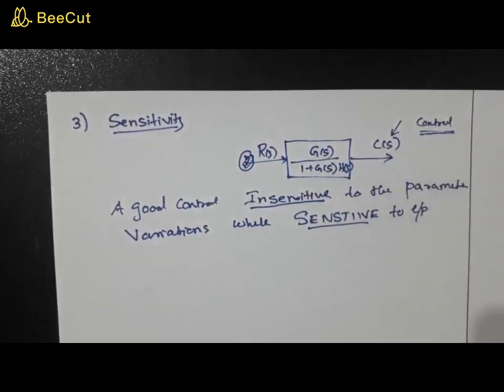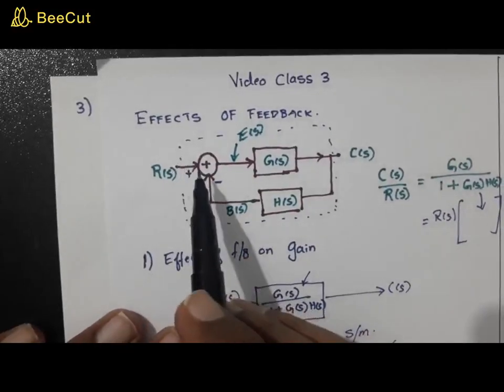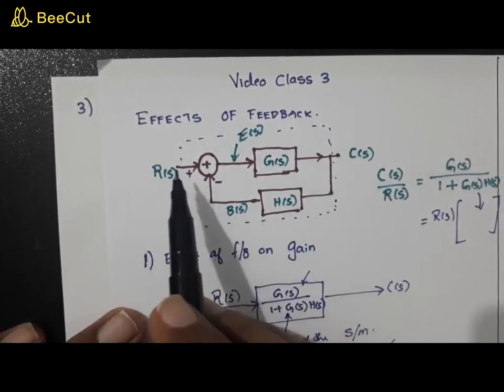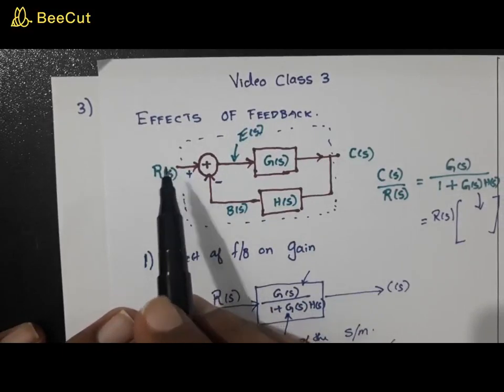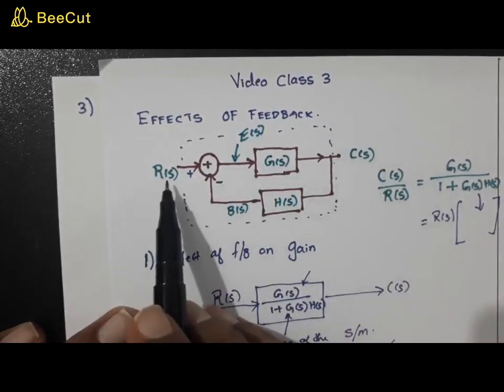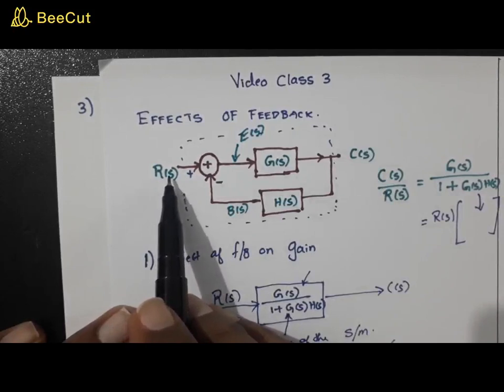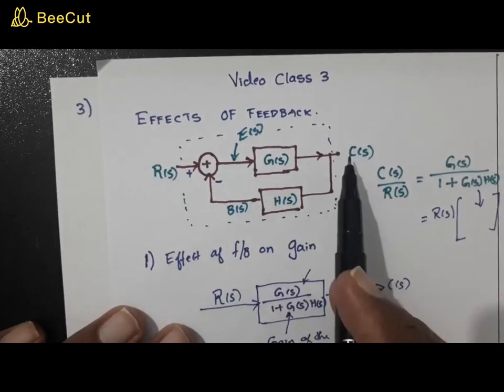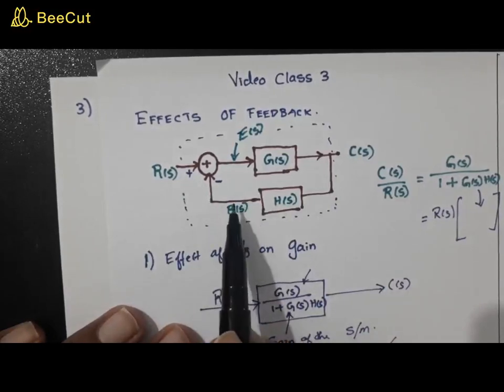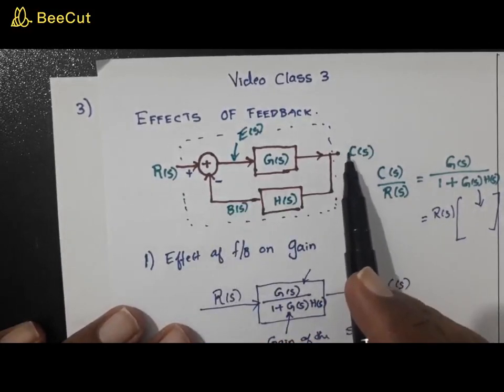So as far as possible, from a controlled system point of view, this has to be insensitive. That means it should not respond to that variation, so as to ensure a controlled output. But at the same time, you will have to see this figure again. At the same time, it has to be very sensitive to the input, right? What's the need of that? That is to ensure the output is always at the set point. A slight variation in this input will make the system uncontrollable.